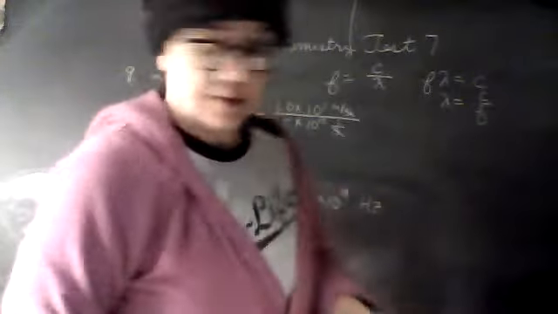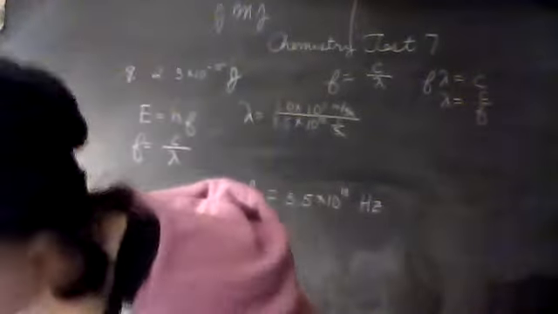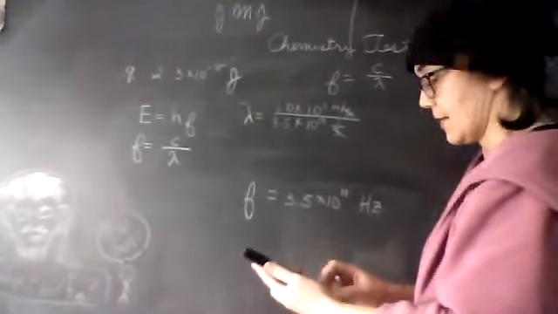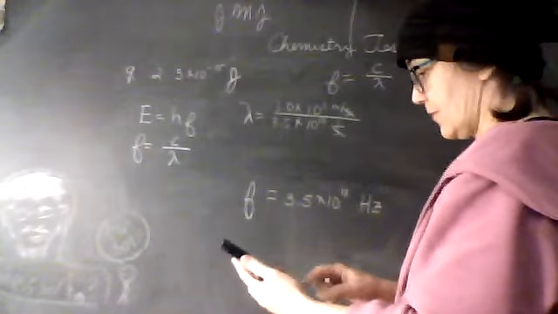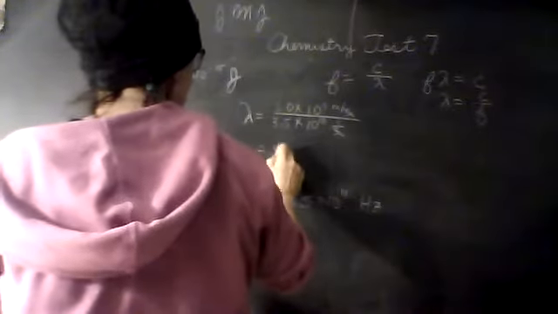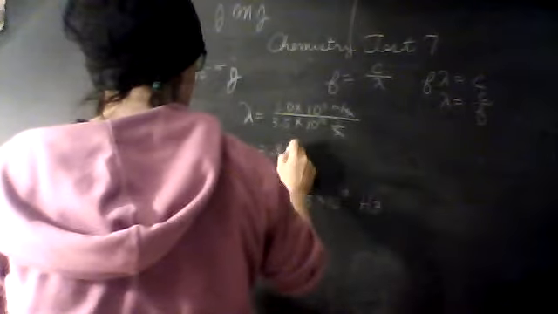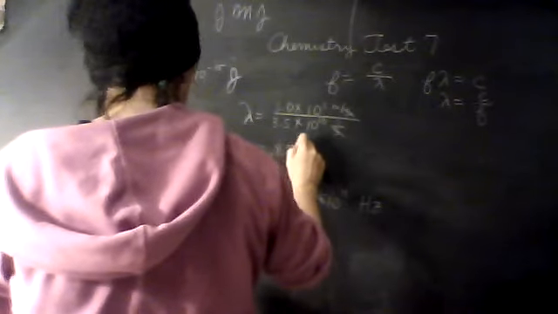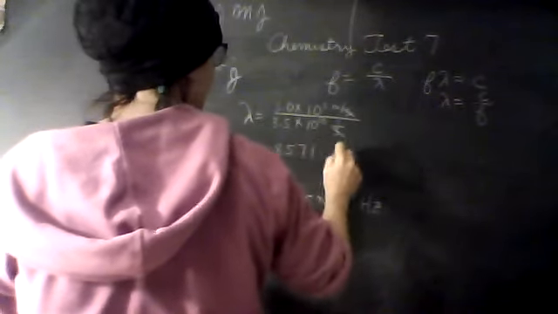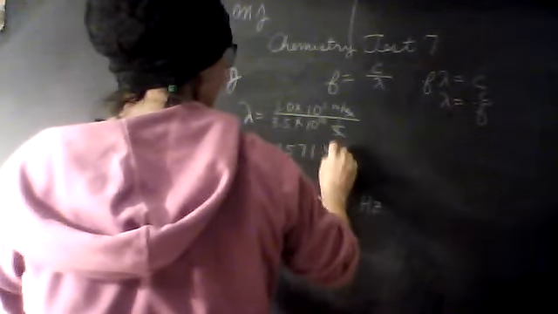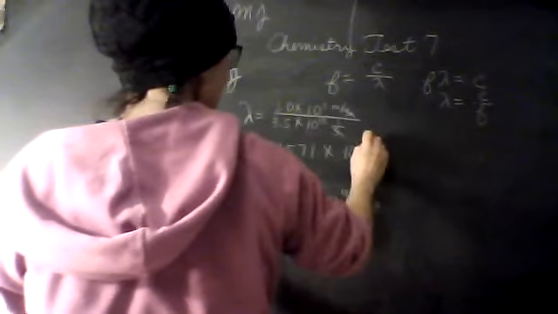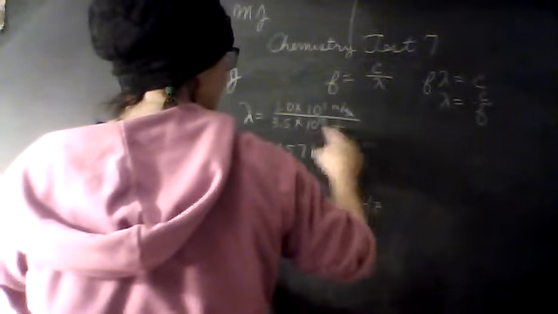Let me use my calculator to do these calculations. 3 divided by 3.5. 8.8571. Okay, and it's times 10 to the 8th minus 18.